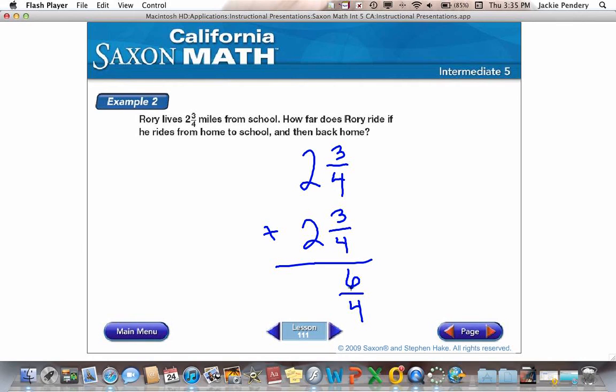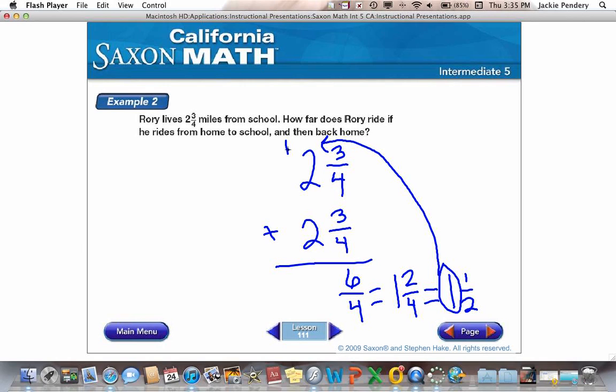Now I have two options here. I can either convert this into a mixed number now, or I can add my whole numbers and then convert. I'm going to convert first. Okay? So 2 6/4 equals 1 2/4, which equals 1 1/2. This 1 I'm going to take and move up here and carry it.